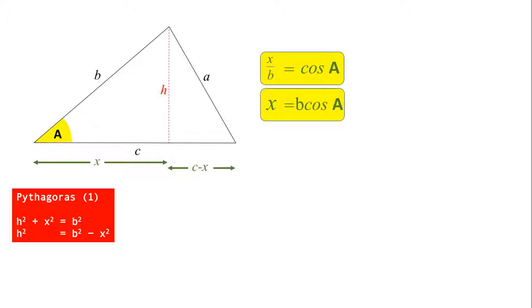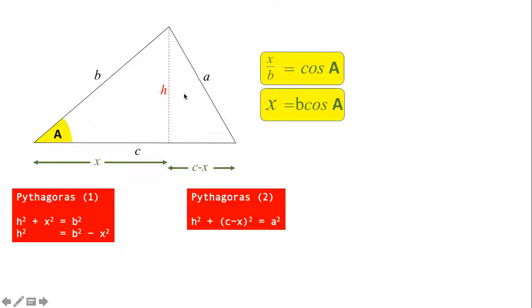I'm going to leave that for the moment and have a look at the other smaller triangle, which is also right-angled. And again, Pythagoras. I'm going to say h squared plus (c minus x) squared equals a squared. That's just putting the three sides as they're labeled into Pythagoras' theorem. Taking away the bracket part from both sides, h squared equals a squared minus (c minus x) squared.